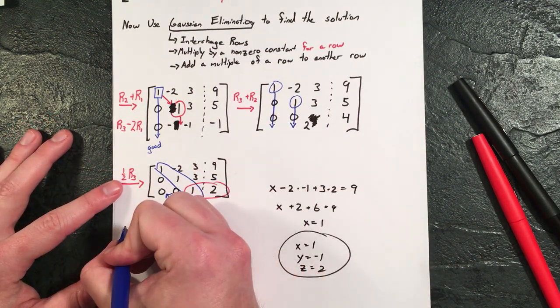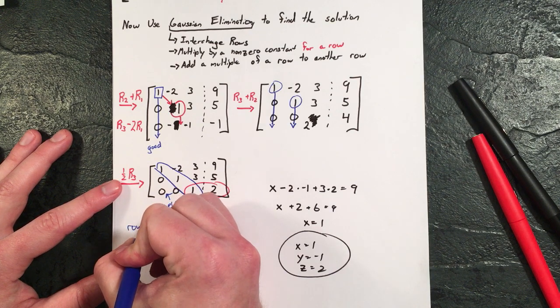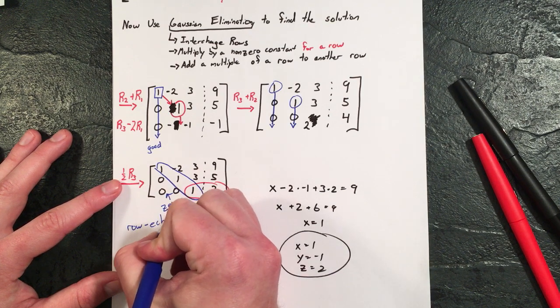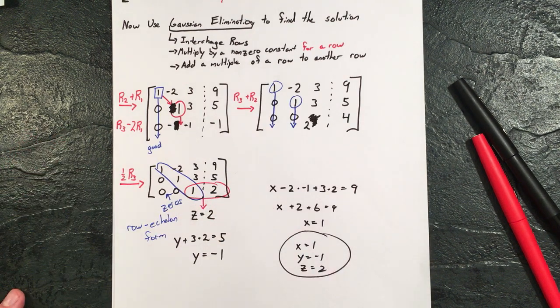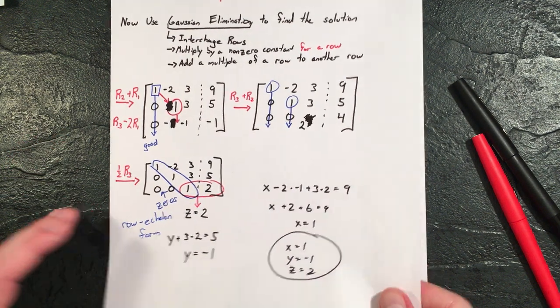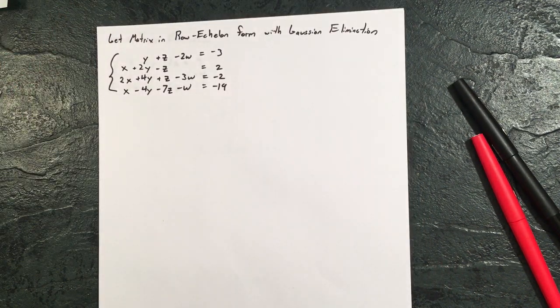This is defined as row echelon form. Once we have something in row echelon form, solving it becomes real nice, real easy. Okay, so we want to work this matrix and get it into row echelon form. And then we're going to be good to go. Sound good? And this is a bigger one.